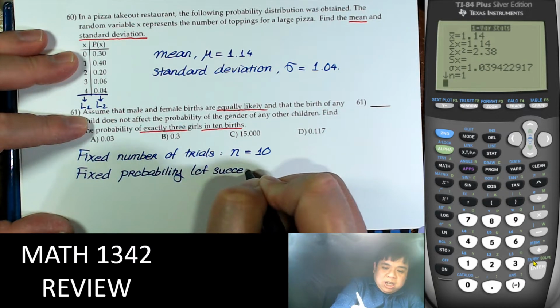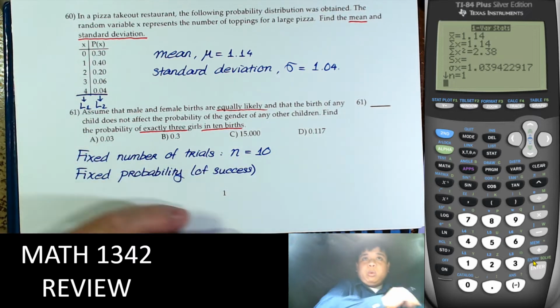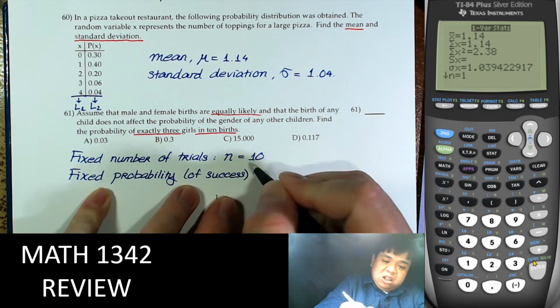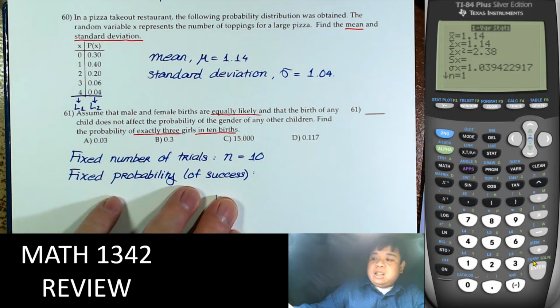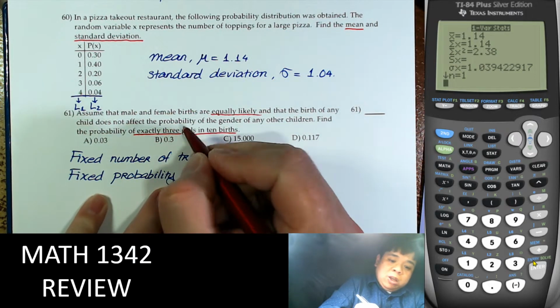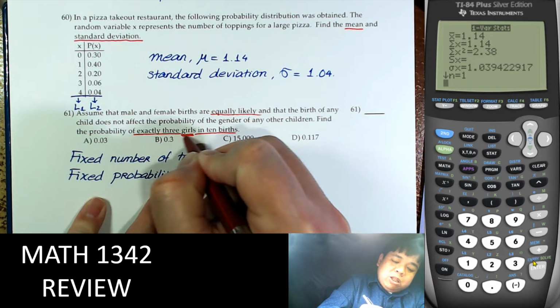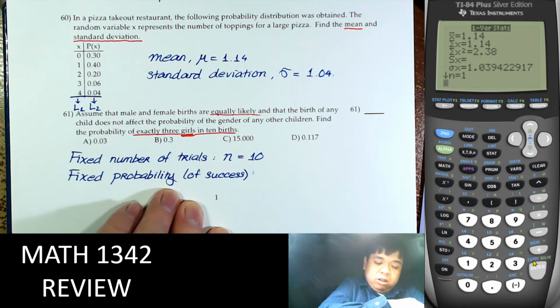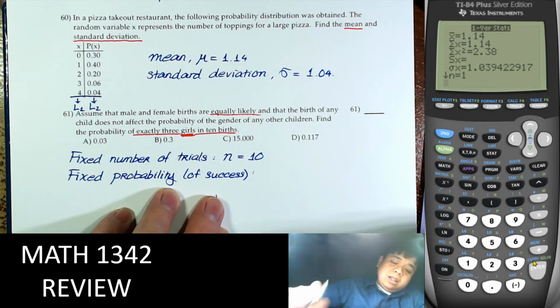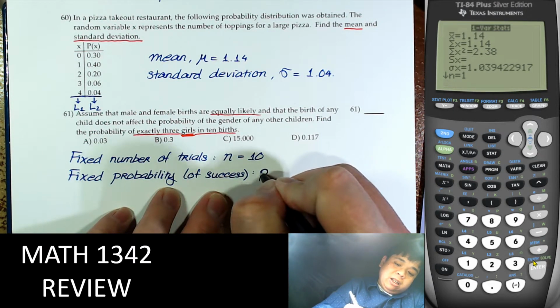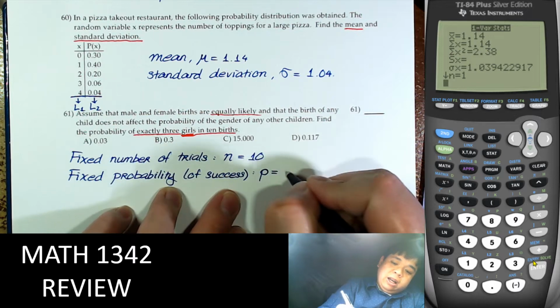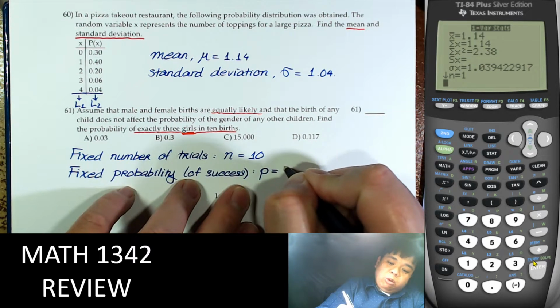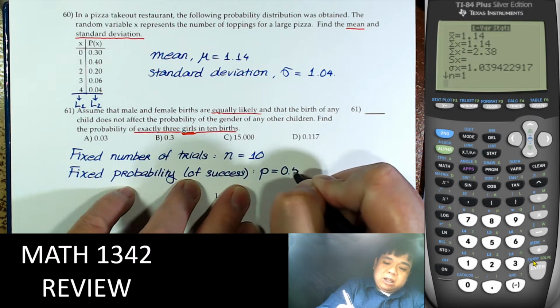When we talk about success here, we do not mean that it is a success or failure. Success is the case that we're interested in. So in this case, let's say we're interested in the case of female births. The probability of getting a female is 0.5 or 50%.